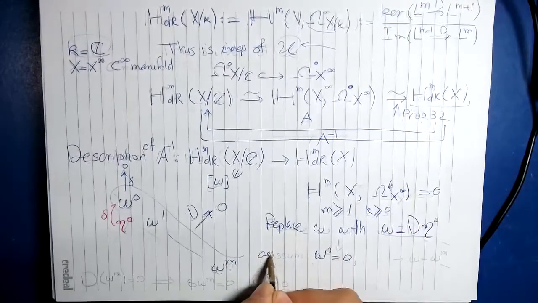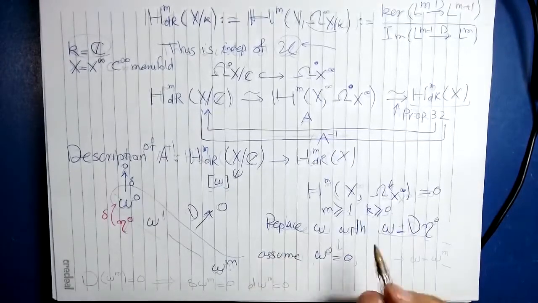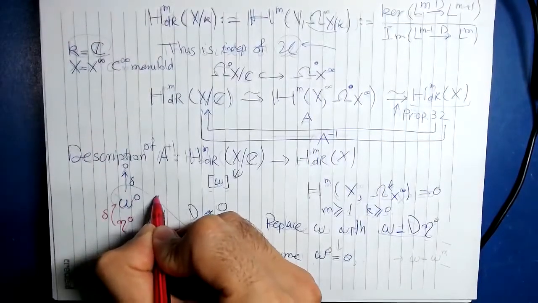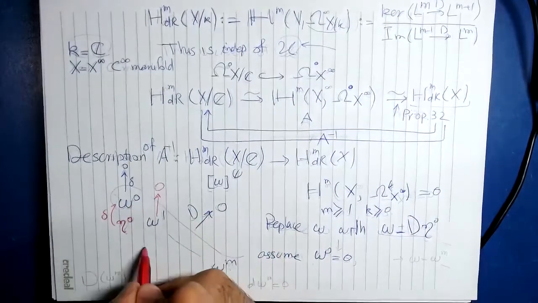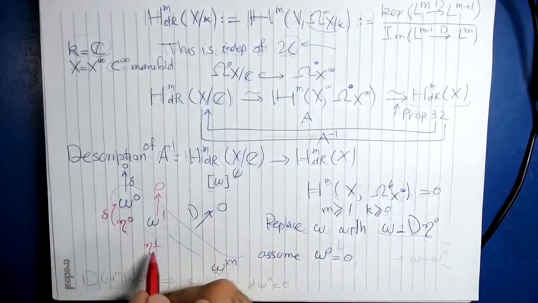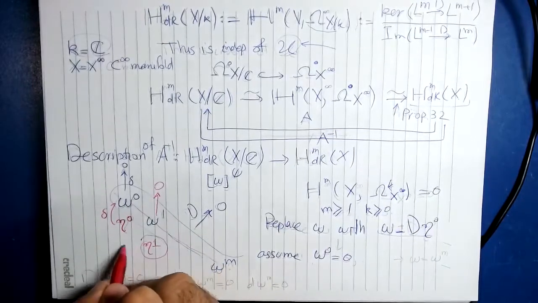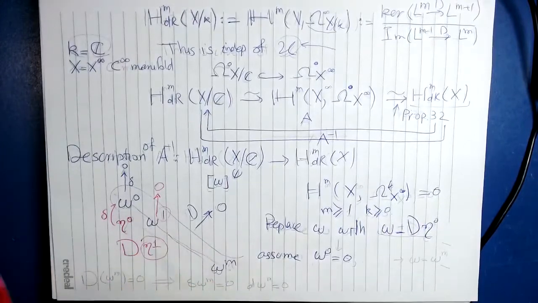So this means that I can assume that omega 0 is 0. And in the same way, we will apply this in the next step. Omega 1 will go to 0. Again, it will come from another eta 1. I will modify my element of hypercohomology with the differential of this eta 1. I can assume that omega 1 equals 0.